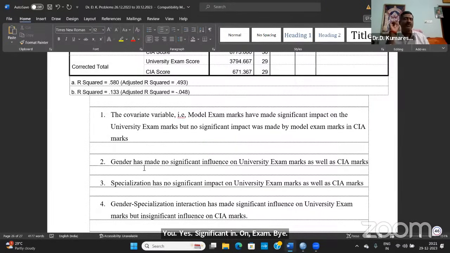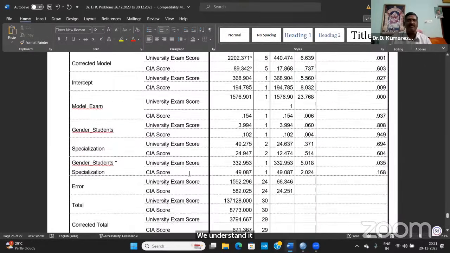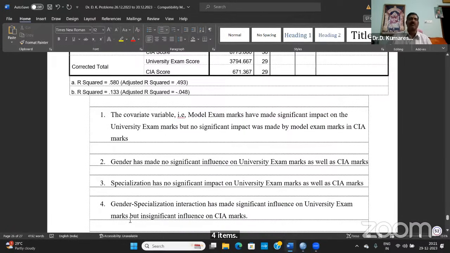That's all. So 4 inferences can be drawn from this. From a single table, we understand 4 items. 4 interpretations have been made. Okay.